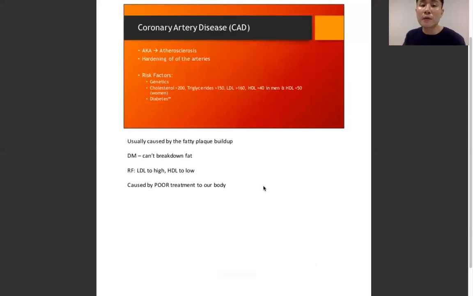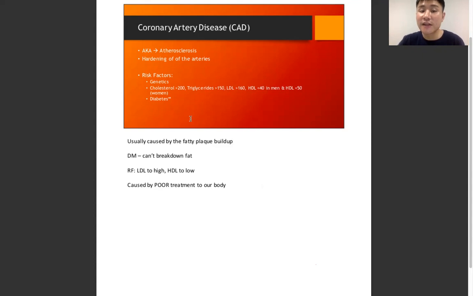Coronary artery disease, aka atherosclerosis, because atherosclerosis is the main cause of coronary artery disease. It is hardening of the artery, and it's also because of fat that clogs the passage inside the arteries, narrowing the passage for the blood to flow through.